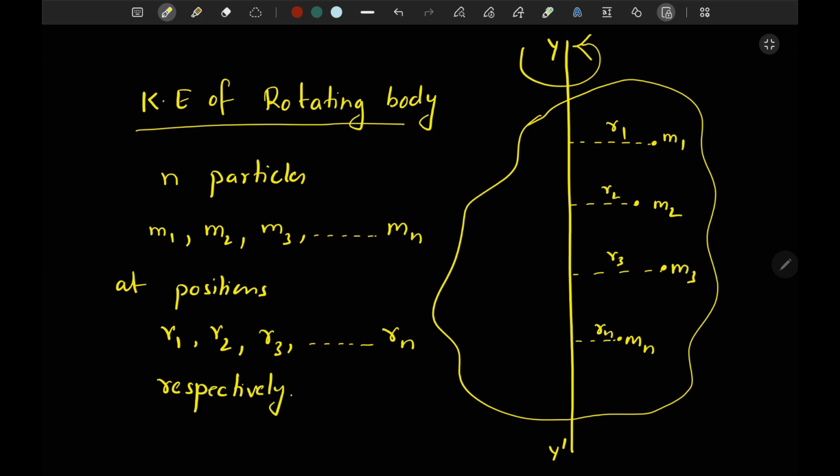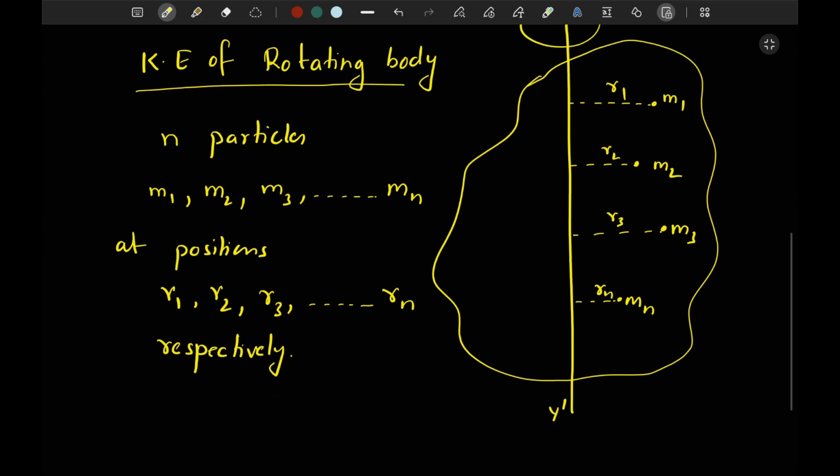Now, first we will calculate the kinetic energy of each particle.